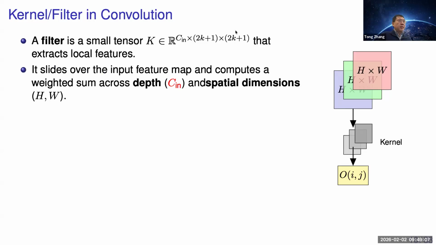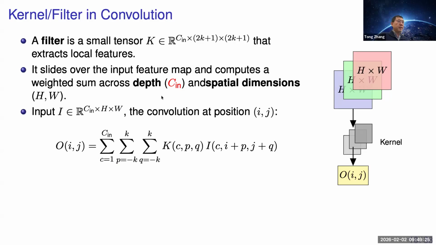Extract local features. It slides over the input feature map and computes the weights across a small spatial dimension. So basically, this is a convolution. In mathematics, this is called convolution.